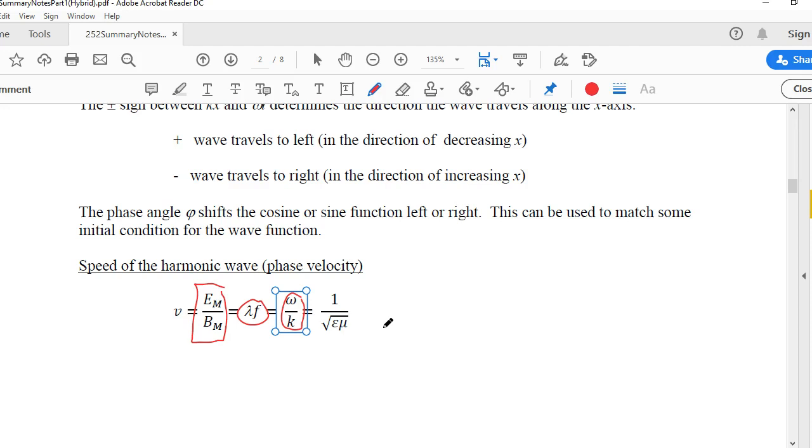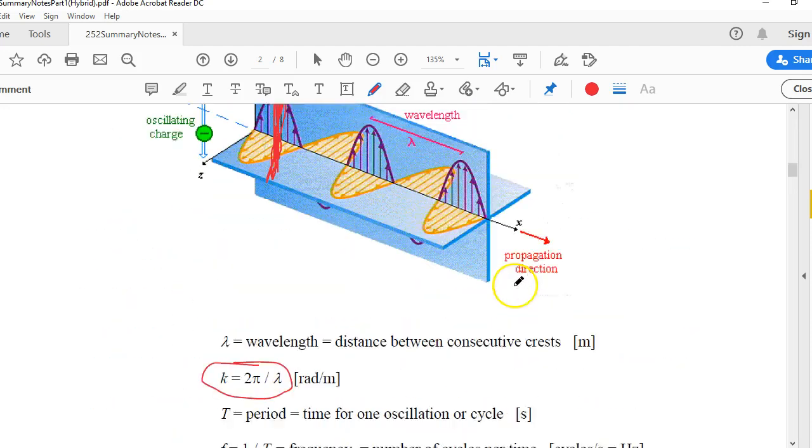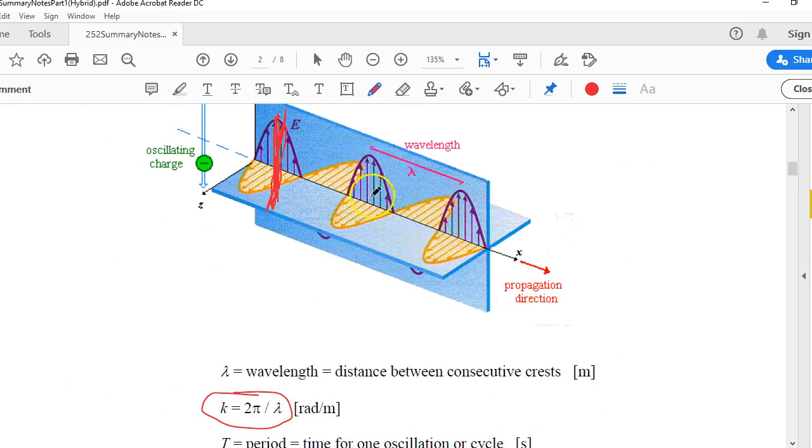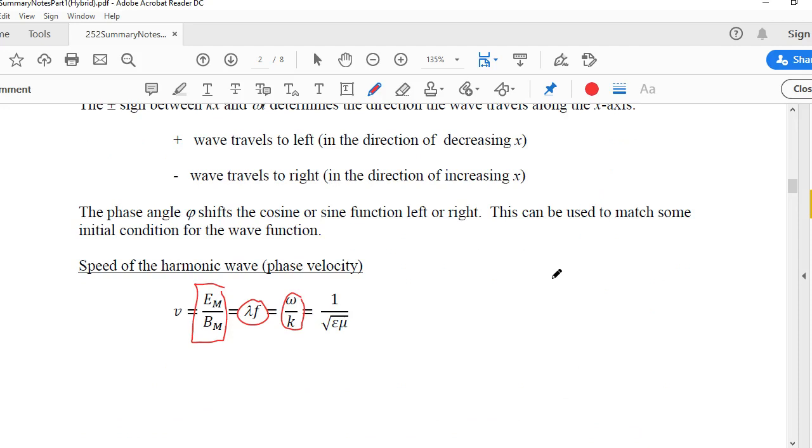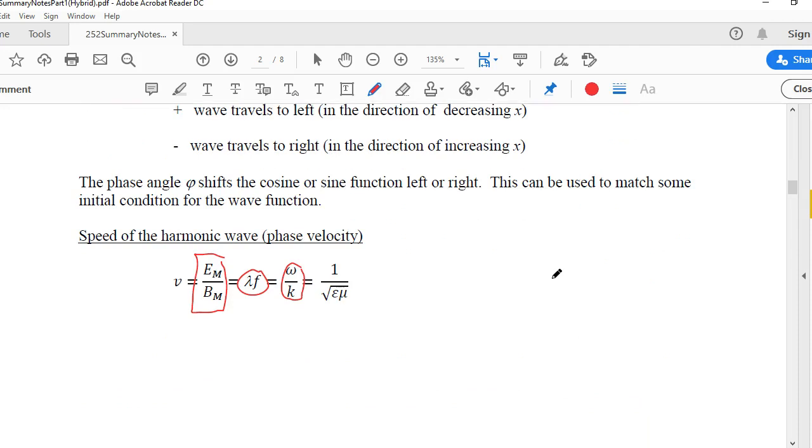But you can take the ratio of E over B at any time, at any position, and you'll always get v. The only time that's not true mathematically is when both of them are zero, because there is a position x, like right here, where both fields are zero at that moment in time. So that wouldn't work, but that's the only exception.